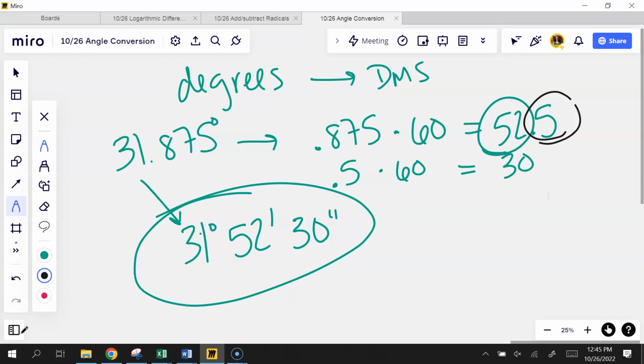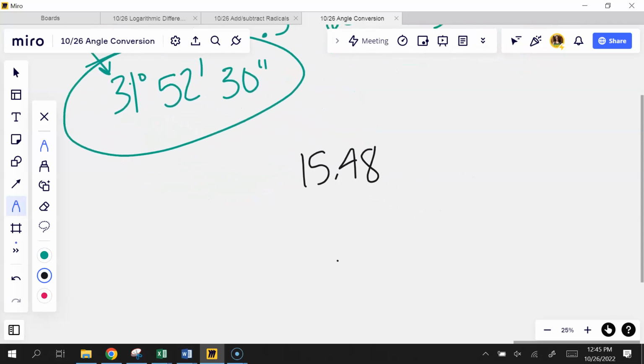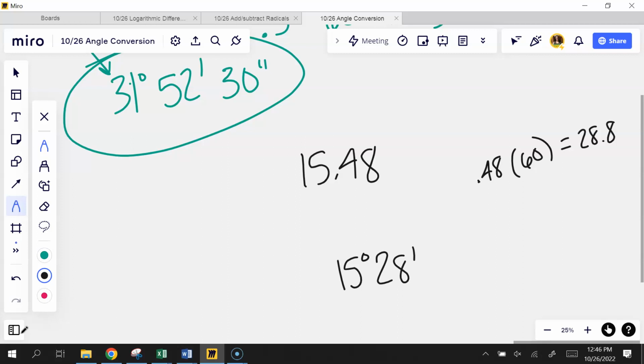Okay, so look at like number 1. 15.48, and it says convert it in DMS form. Okay, so that's 15 degrees. Then I do 0.48 times 60, which is what? So how many minutes is that? 28 minutes. 0.8.